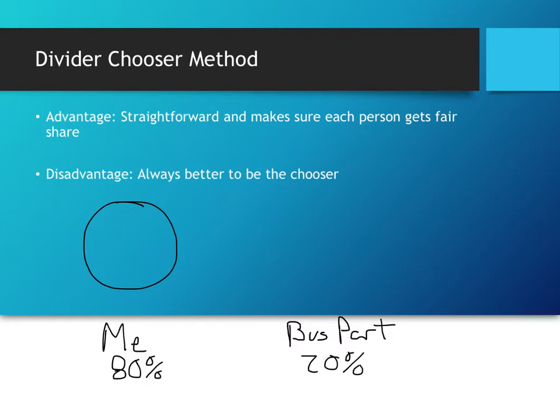So all you have to do is, in this scenario, have the divider, instead of breaking up this pile of loot into 2 pieces, just break it into 5 pieces that are roughly 20% each. 20, 20, 20, 20, 20. And then the chooser can pick one of those piles. If my business partner is the chooser, they pick one of the piles.